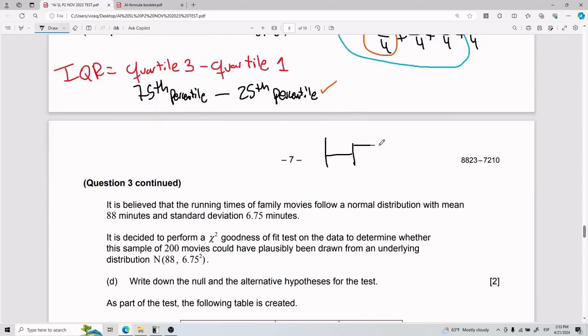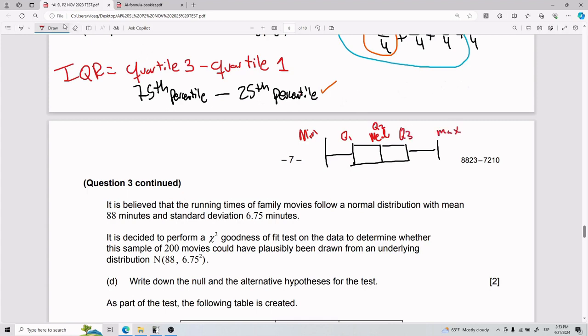Another way for you to understand it: when you look at a box and whisker diagram, this is your min, this is Q1, this is your median, which is the same as Q2, okay? It's the guy at 50%. This is Q3, and this is your max.